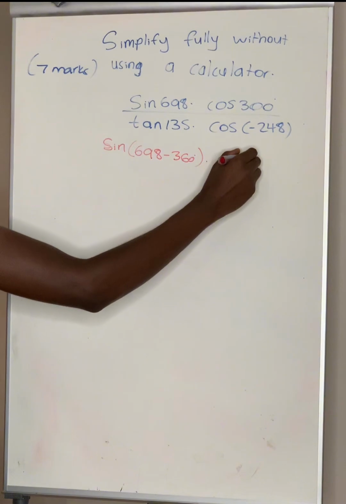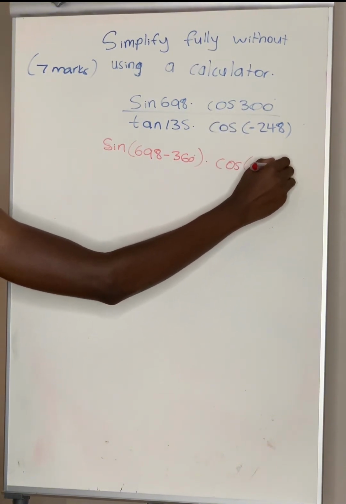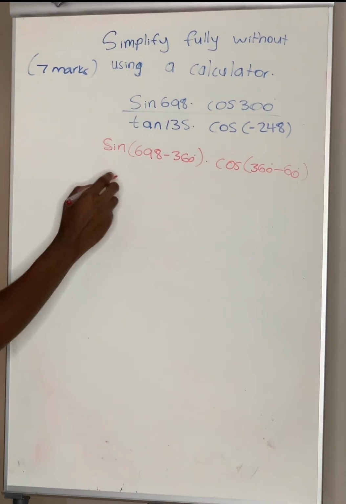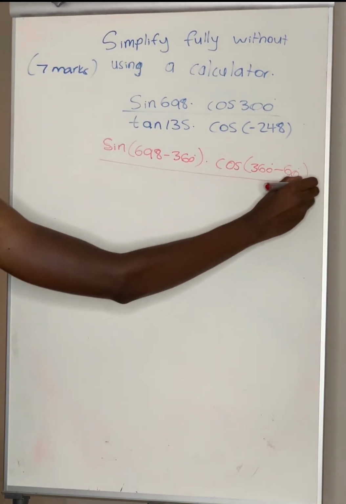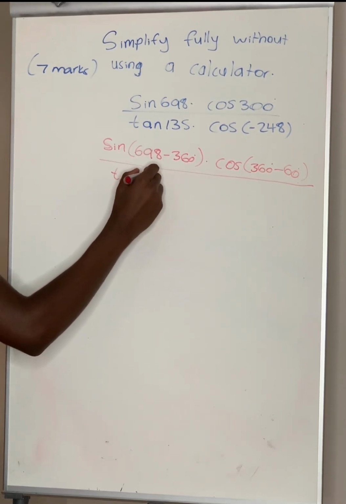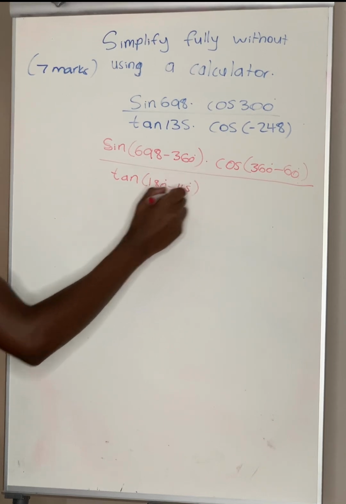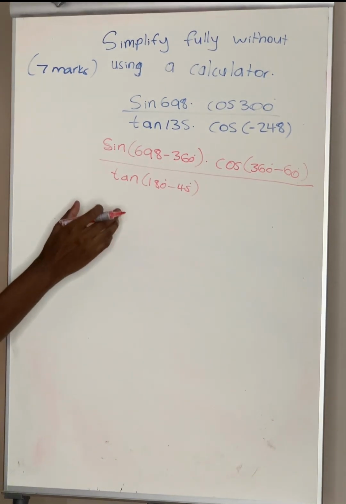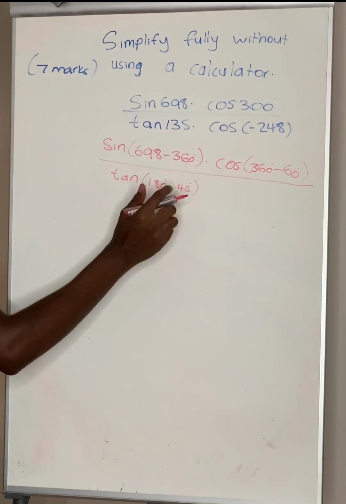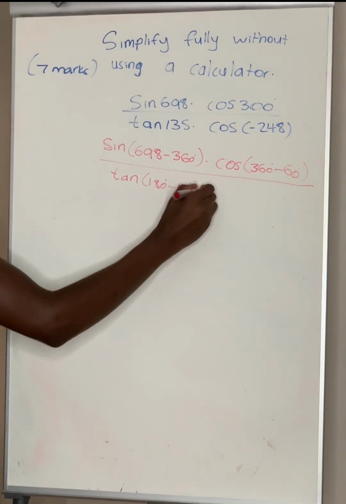So cos 300 is the same as cos of 360 minus 60, because remember, we are trying to solve this without using a calculator. All of that divided by tan 135, which is the same as saying tan of 180 minus 45. The reason why we're doing all of this is because we're trying to find each of these large angles in its simplest form. And then from there, it's going to be easier for us to solve this.